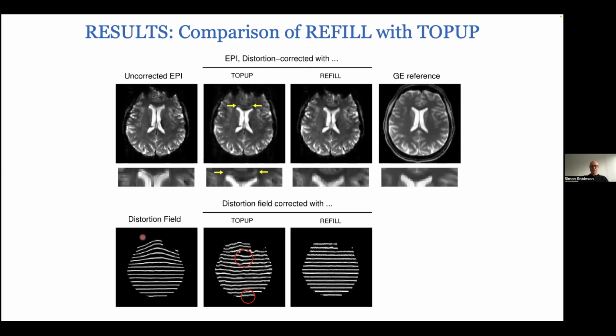And if we generate a distortion field based on the gradient echo field map, we can see that that is well corrected by refill, but that we've got some residual problems here in the top-up field correction, as well as top-up being a static method.